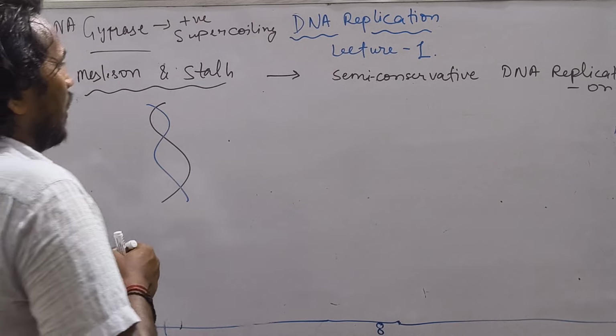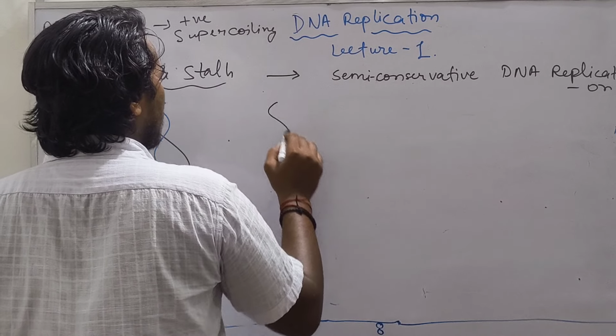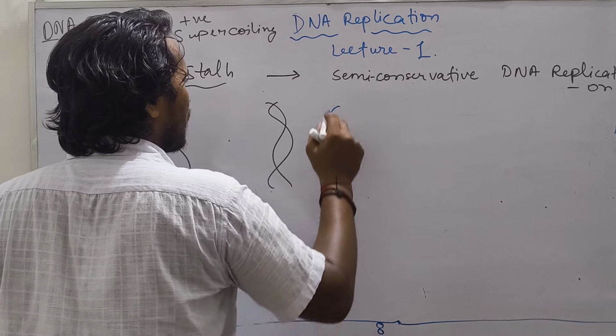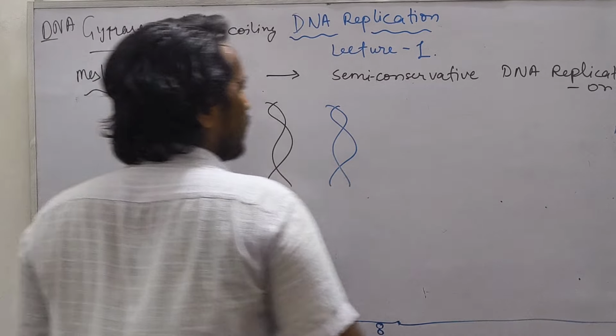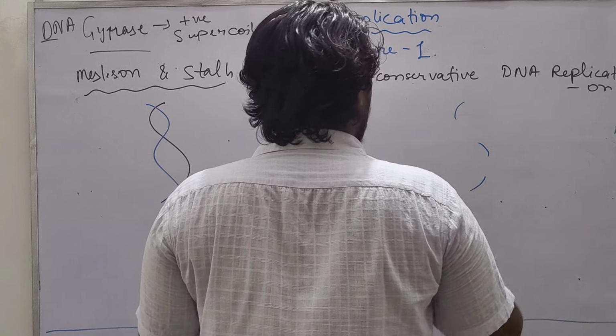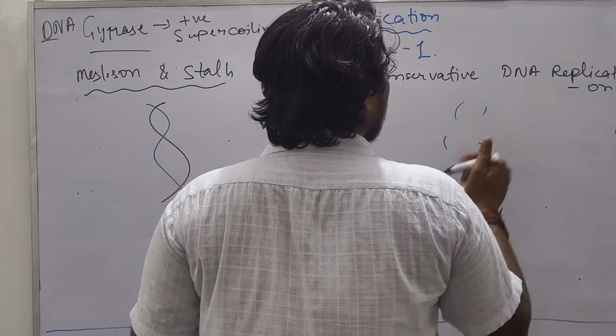Another, they thought, is a completely conservative replication, and one more type they thought is a dispersive replication.